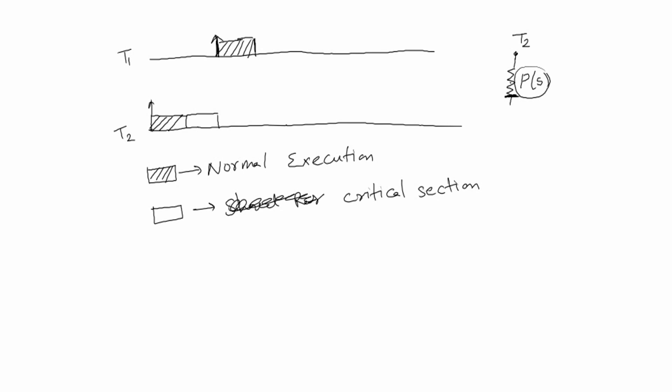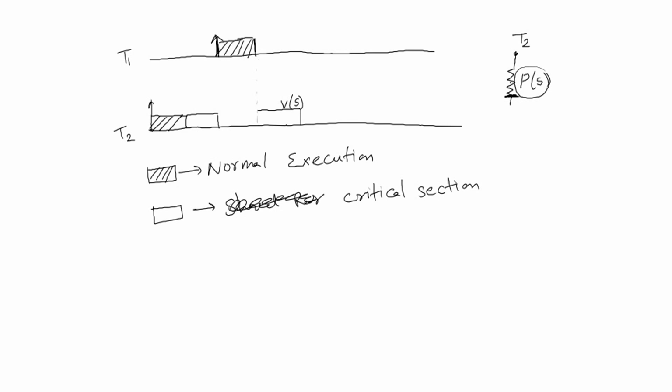Now at this point T1 wants to access the critical section. Here T2 is already in it, so T1 cannot access that critical section, and it has to wait. So now it allows T2 to complete its file sharing part. It does some more file handling, and at this point it releases that critical section.